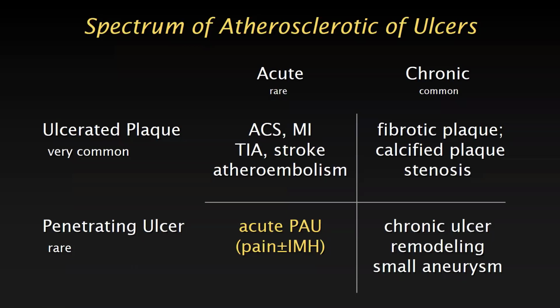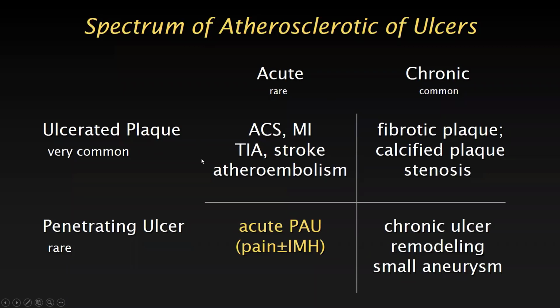But then there are many, many more chronic atherosclerotic plaques and ulcers because they re-endothelialize and they sit there, and you see them in the aorta, you see them in the coronary arteries. This is where calcified plaque comes from. It's healed plaque. It's inflammation after maybe a plaque has been ruptured.